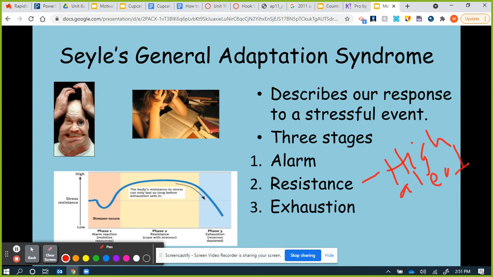If we're in the resistance phase for too long, our body is going to start to shut down, and we're going to go into the exhaustion phase. Exhaustion is when our resources are depleted and we are more susceptible to illness.